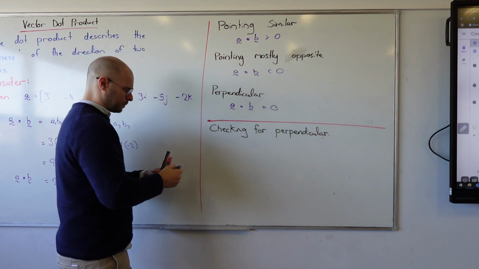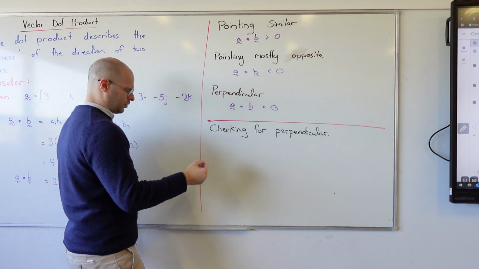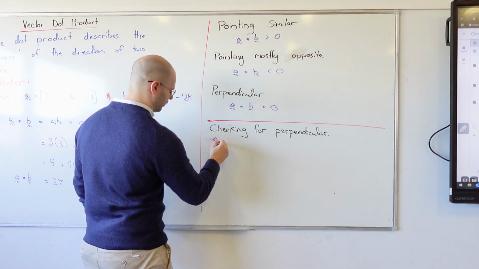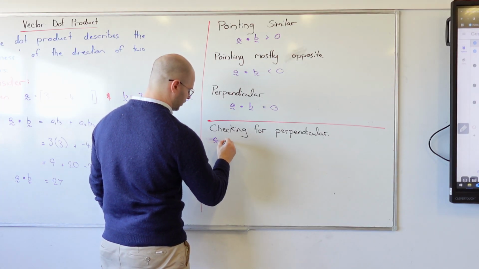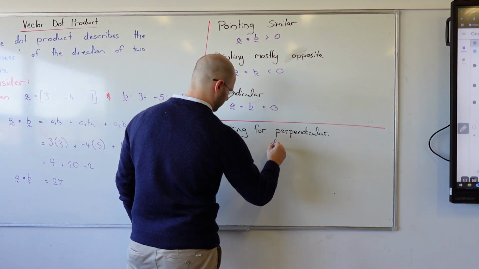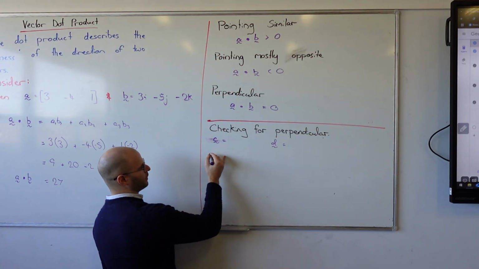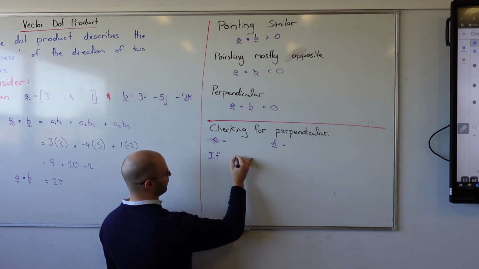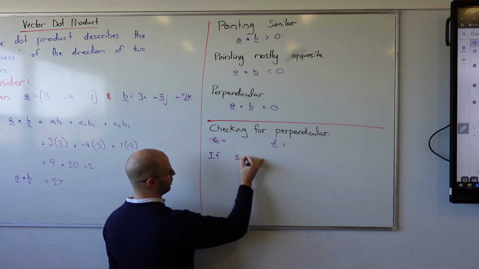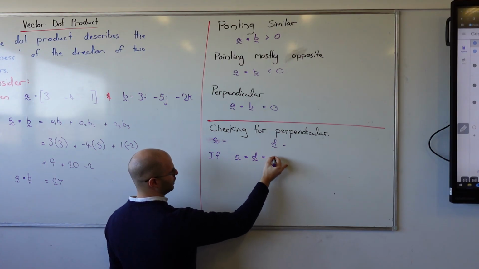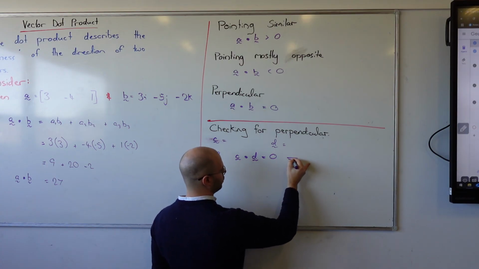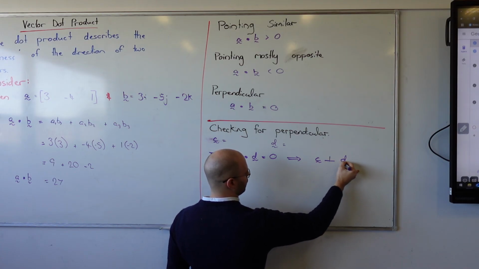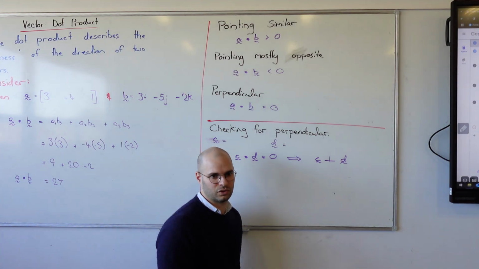Checking for perpendicular, you could have vector C and vector D. If they're perpendicular, then we get a condition where C dot D will equal 0, and if that is true, then that informs us that C is perpendicular to D.